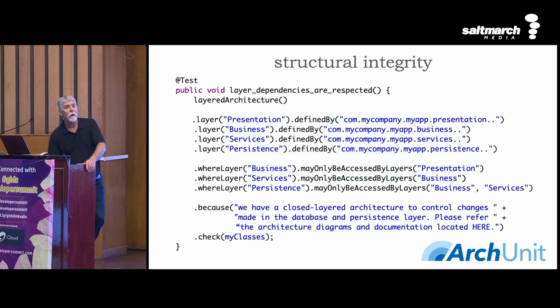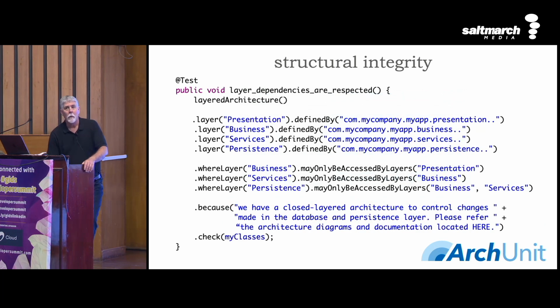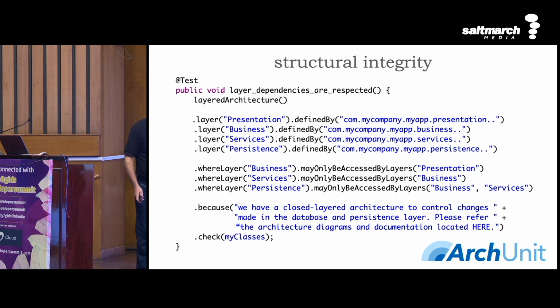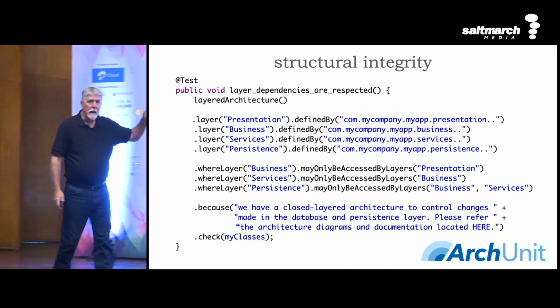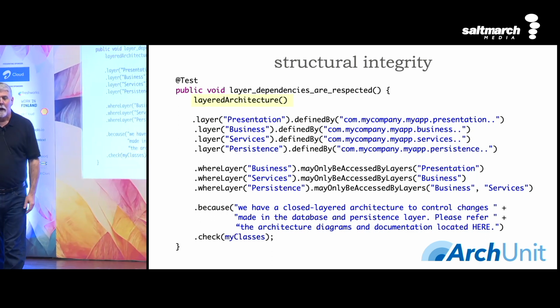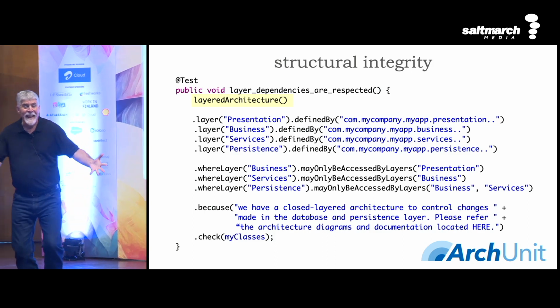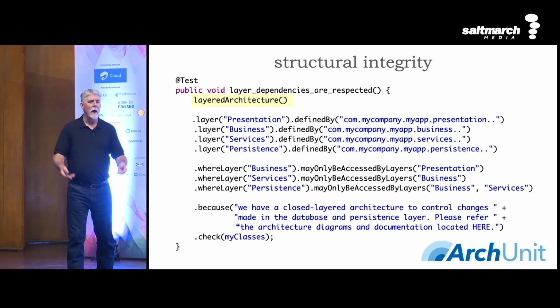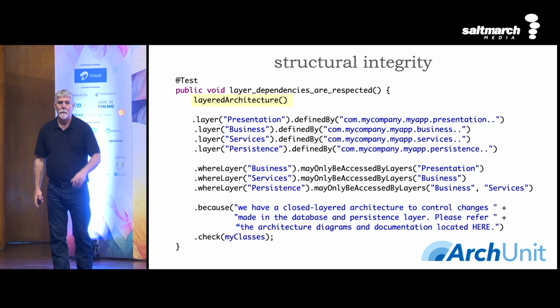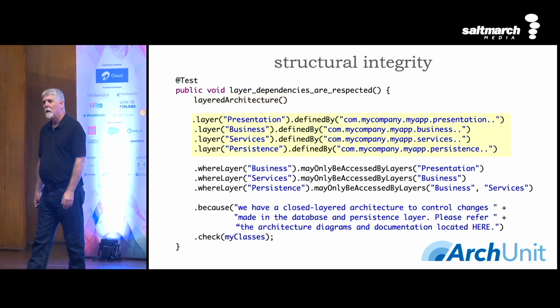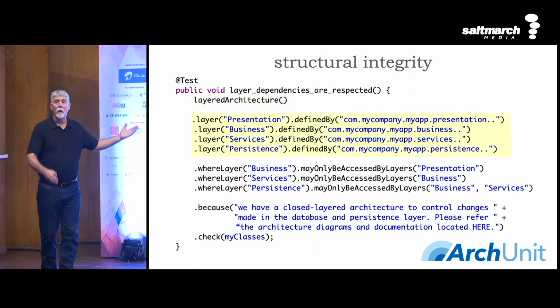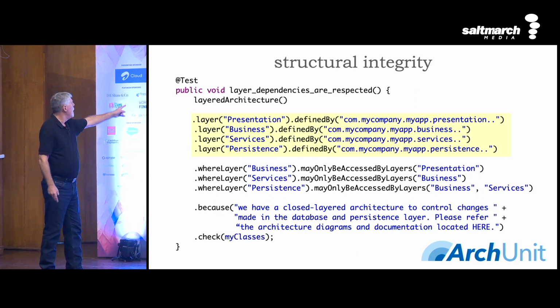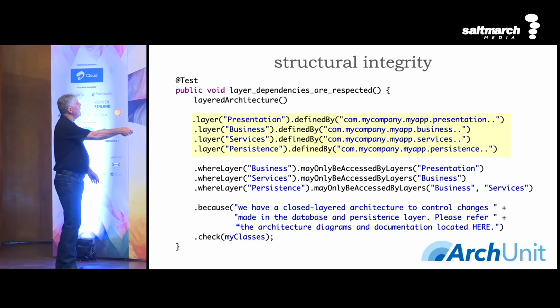Hey, one more to show you, which is really cool, because we do have a layered architecture. Here's the test to make sure that we manage those open and closed layers. So here's a layered architecture. This is in the API. Yeah, we have a modular monolith. Fine. It's the same API. So here's all my layers. And those are the layers, or domains, if we're using a modular monolith. So presentation is presentation.